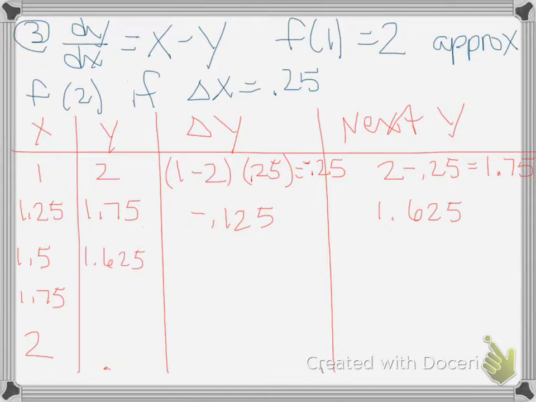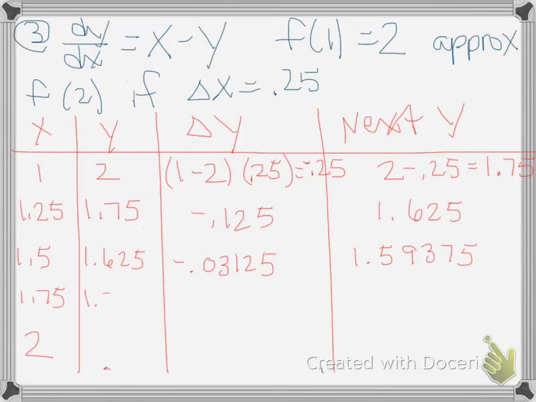And we're going to bring that guy down here, 1.625. Again, same idea. x, which is 1.5, minus y, which is 1.625, times 0.25 is negative 0.03125. Adding the y and the delta y together, I get 1.59375. And we got one more step. Here we go.